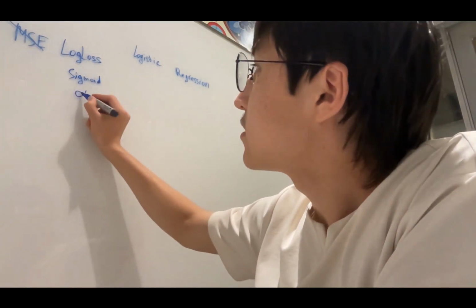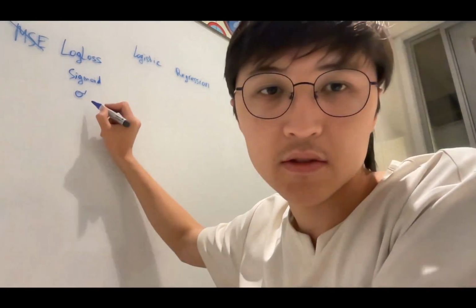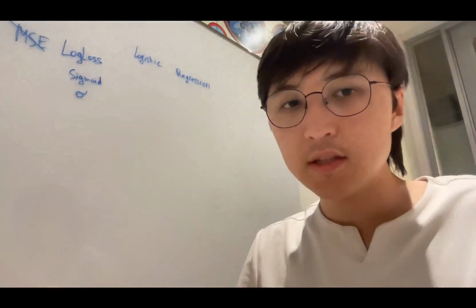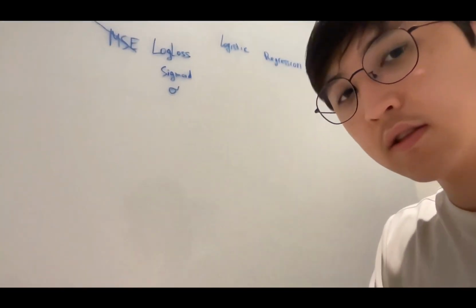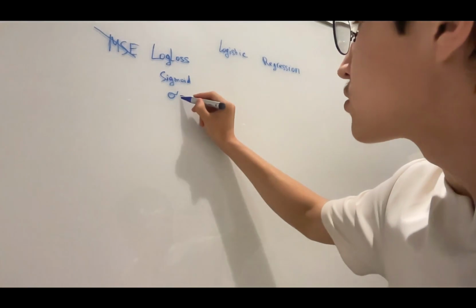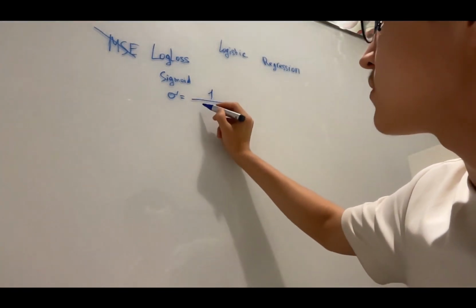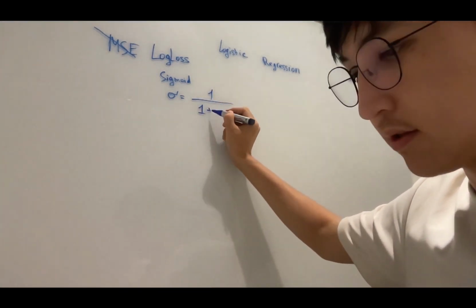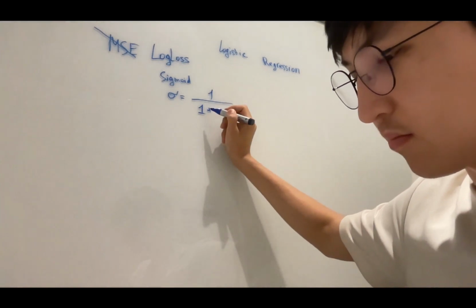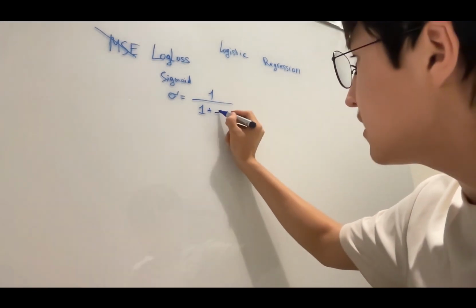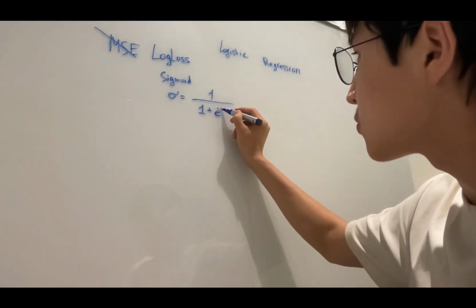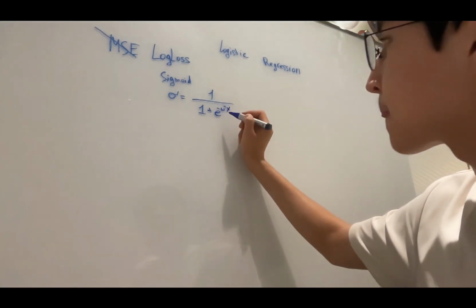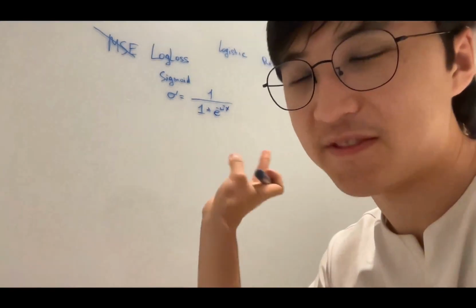We denote it with this symbol, and it is equal to 1 divided by 1 plus e to the minus w transpose x. This is a very good function.